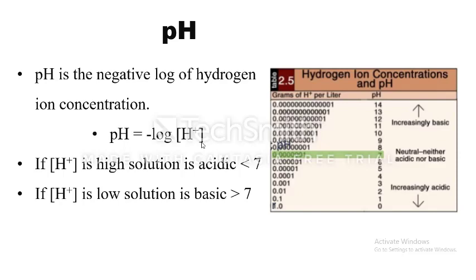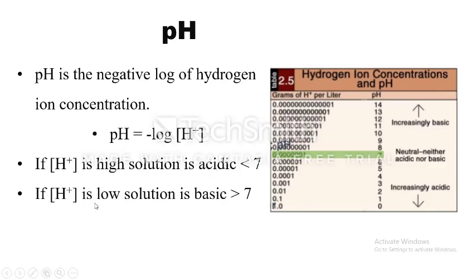Basically, we use pH to measure the acidity or the basicity of a solution. If the pH is 7, the solution is called neutral; it is neither acidic nor basic. If the hydrogen ion concentration in the solution is high, the pH goes below 7, and the solution becomes acidic.